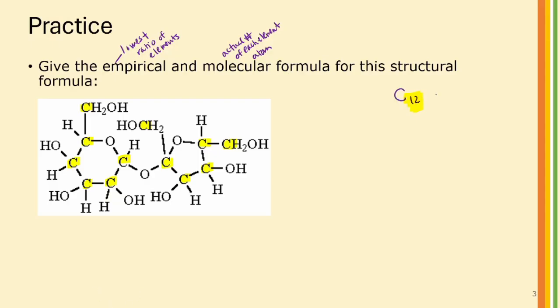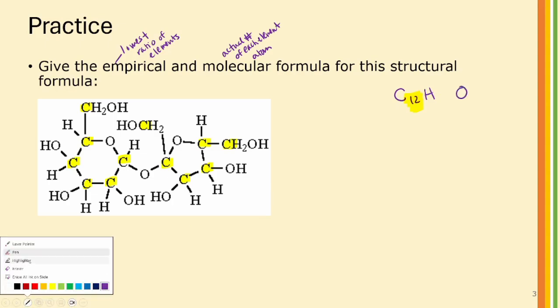And let's see, we have hydrogen. We'll do hydrogen next, and then we'll do oxygen. All right, for hydrogen, we'll pick another highlighter color. Let's do orange.